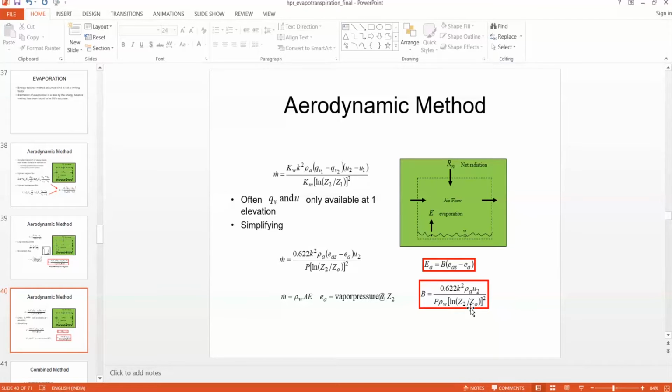In this equation, u2 is known, rho a is known, k is given as 0.41, that is nothing but the von Karman constant, P is the atmospheric pressure, and rho w is the density of water. z2 is known, and z0 is also known, because it can be computed by knowing the roughness height.